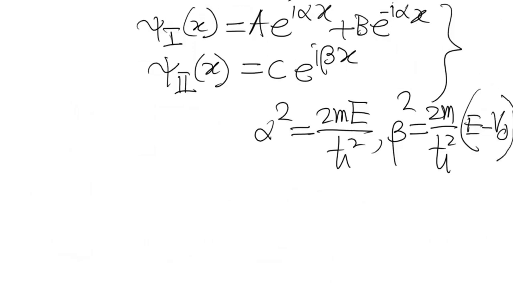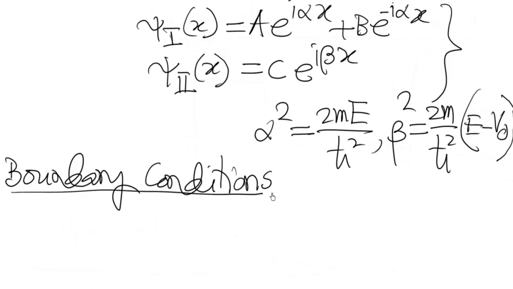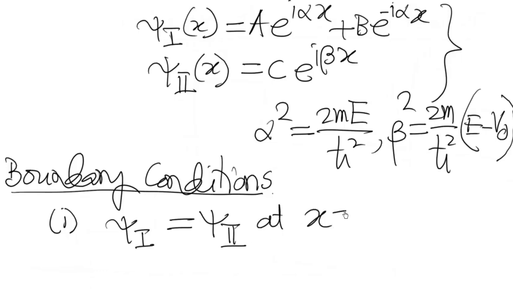Okay, now we shall apply the boundary conditions, because we are going to find relations between B, C, and A. We have two boundary conditions. One, at the boundary x equal to 0, we take psi1 equal to psi2 at x equal to 0.